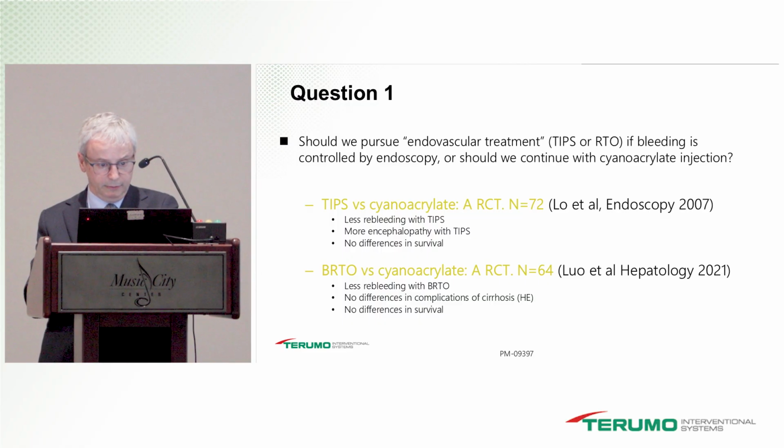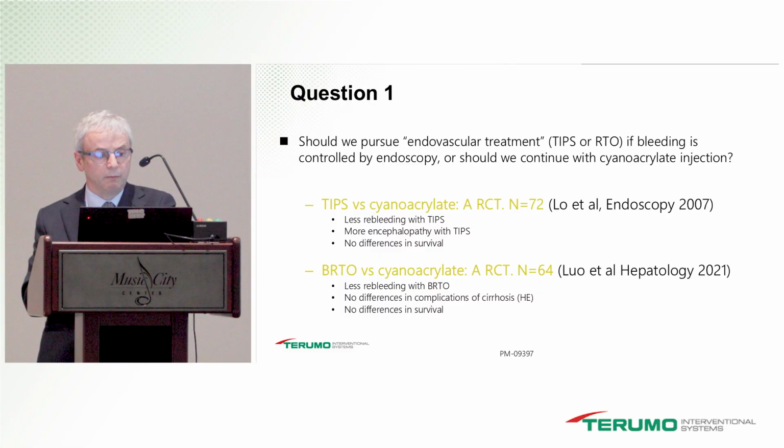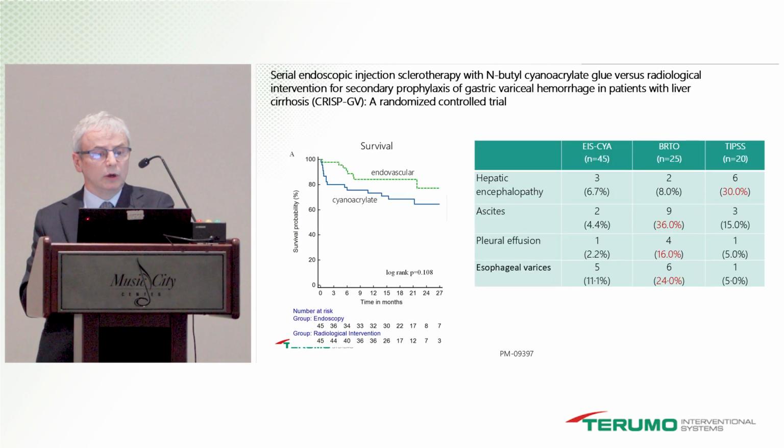If the patient was only a candidate for RTO, or only a candidate for TIPS, and for candidates for both, according to the radiologist's preference. There was clearly less rebleeding with the endovascular therapy as compared to repeated cyanoacrylate injection, and survival was not significantly different, but was substantially better.